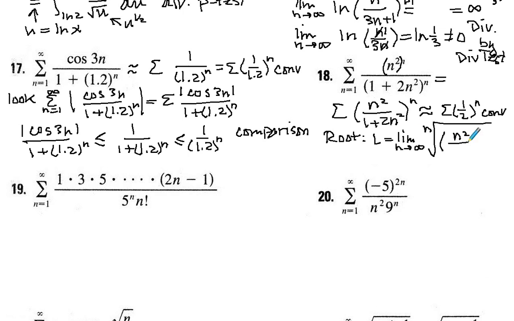So n squared over 1 plus 2n squared, all to the nth power, these cancel. So now you're doing the limit of n squared over 1 plus 2n squared, and that's 1/2, which is less than 1, and converges.